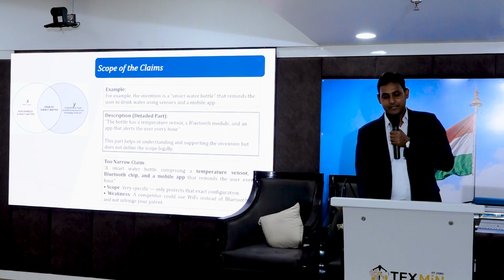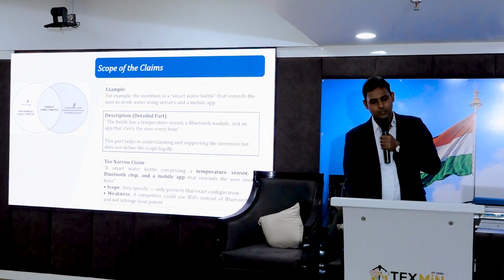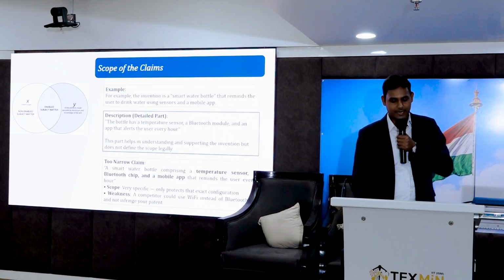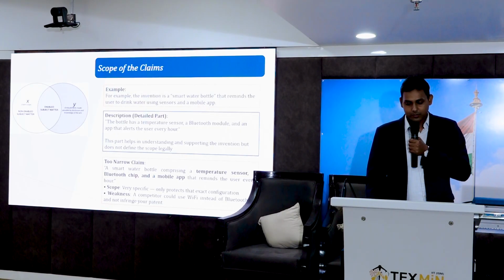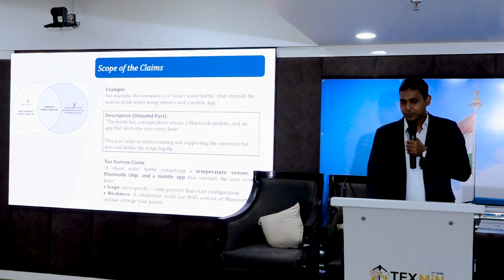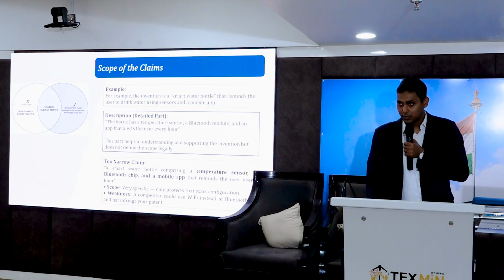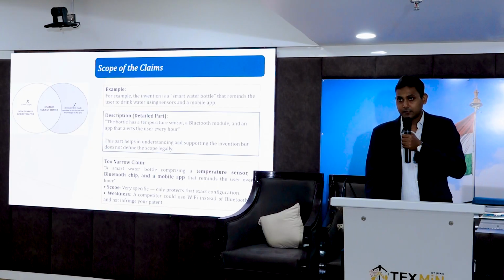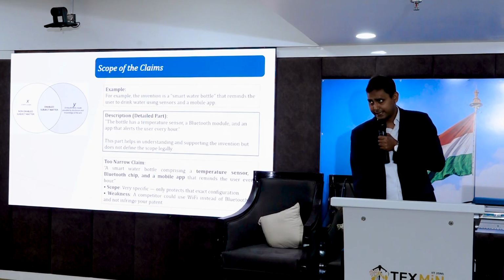Okay. So the description detail part. The description is a normal description that has been given here. The bottle has a temperature sensor, a Bluetooth module, and an app that alerts the user every hour. Every hour may be changed. Suppose at the time of summer the frequency would be more, but at the time of winter the frequency would be less.